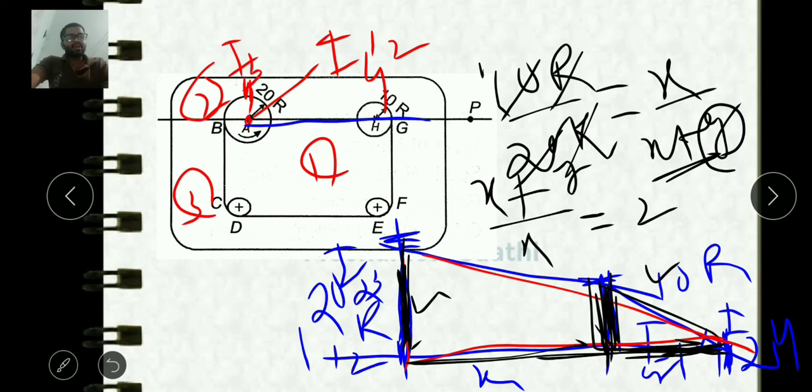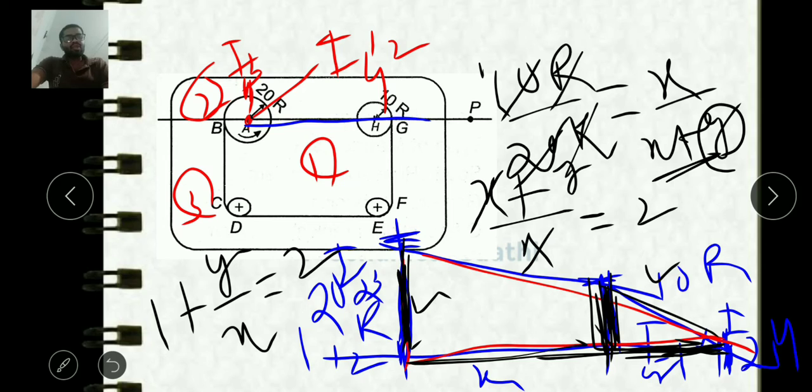From here I can write x by x plus y by x will be equal to 2. Then x by x is equal to 1, so 1 plus y by x will be equal to 2. If I take this 1 to the other side, y by x will be equal to 2 minus 1, that is 1.